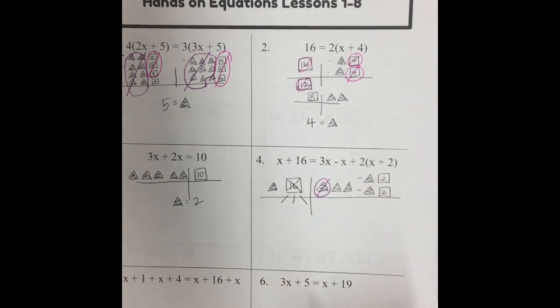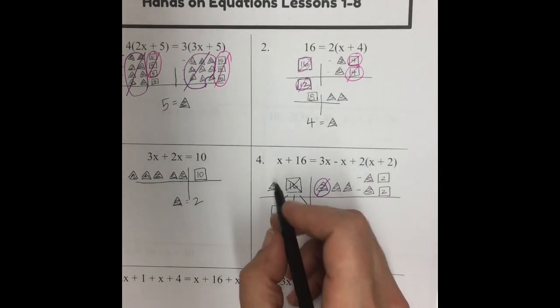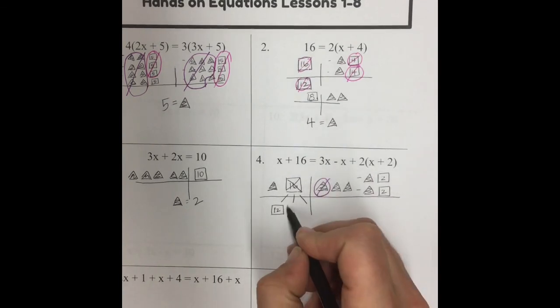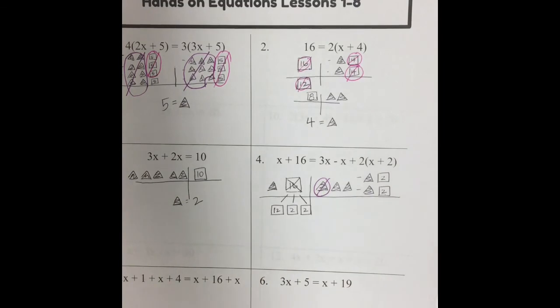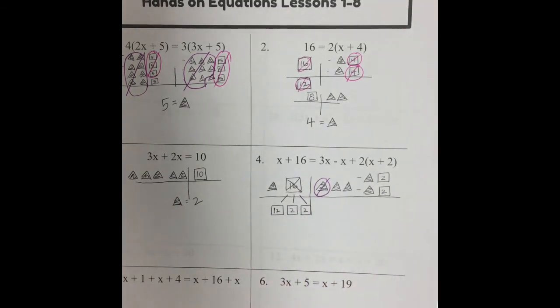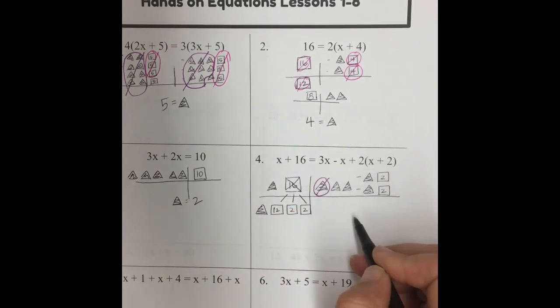I'm going to rewrite 16 as 12 plus 2 plus 2. It's just a different way of looking at it, so that I've replaced the 16 with 3 numbers that do add up to it. We know we're always adding when we're doing our hands-on equations.